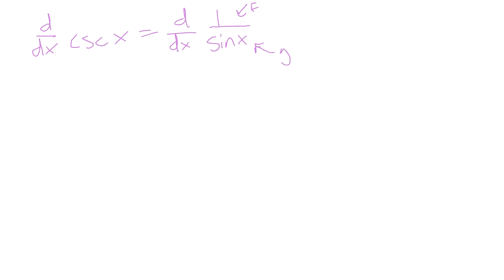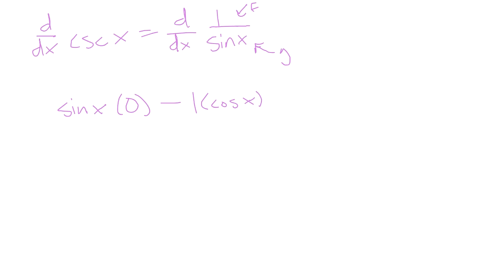So let's go ahead and move forward with our quotient rule. We know that our bottom is going to be sine of x. The derivative of 1 is just going to be 0, minus our numerator, which is just 1, times the derivative of our denominator, sine of x, which is just cosine of x.